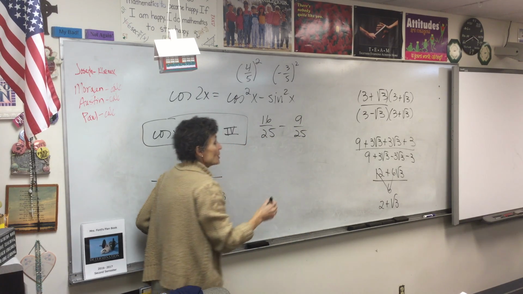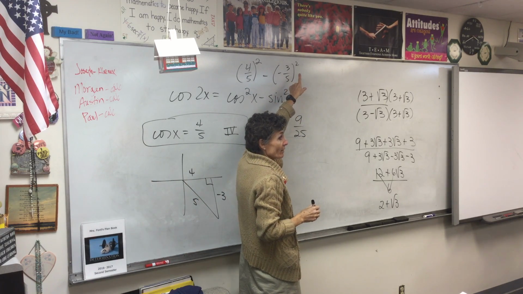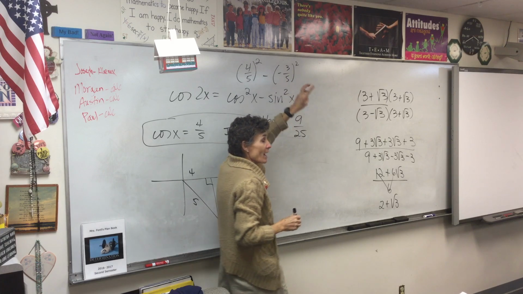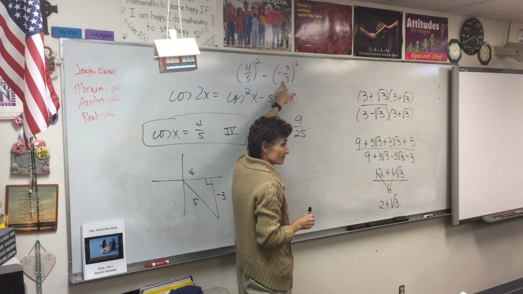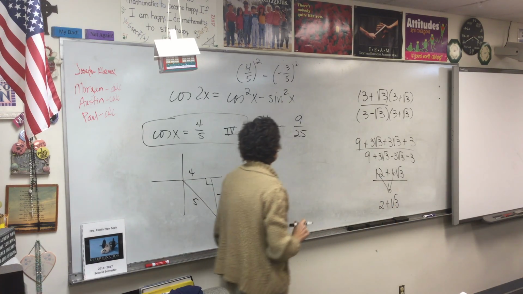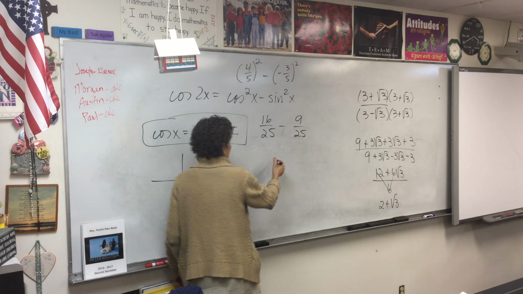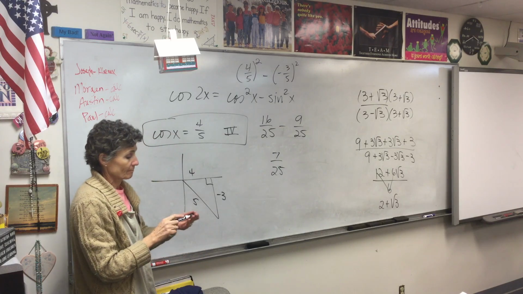Would it turn into a negative? No, because that negative is getting squared out. So what's the answer to the problem? 7 25ths.